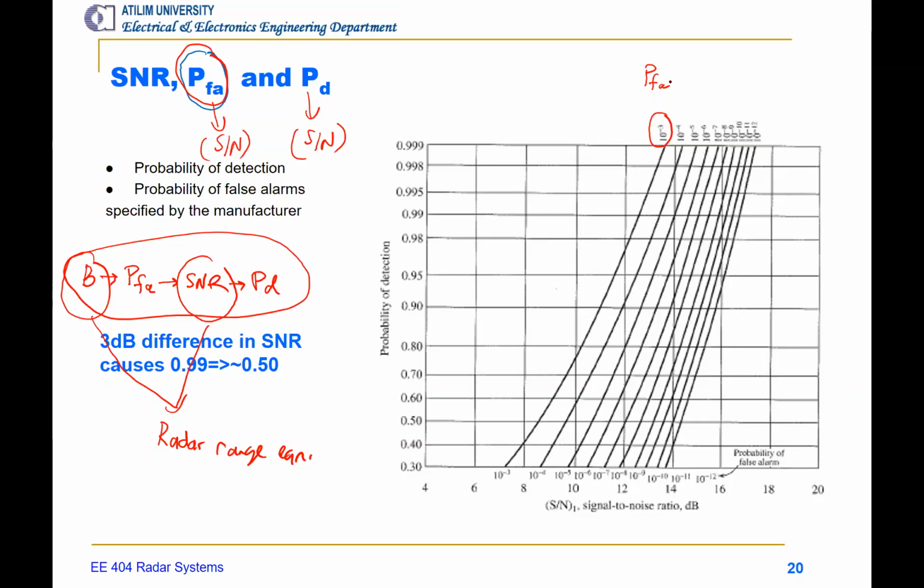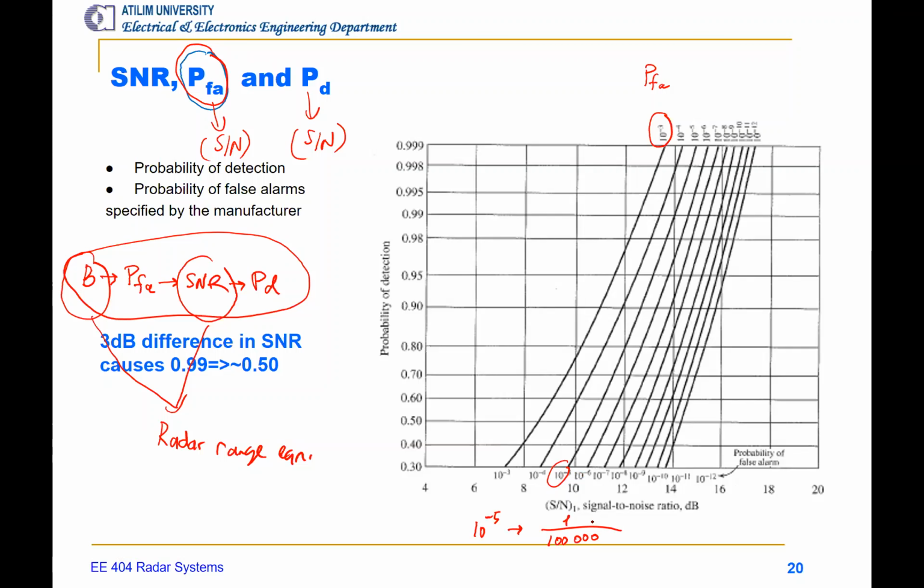For example, let's take a probability of false alarm of 10 to the minus 5. Suppose that I can tolerate a probability of false alarm of 10 to the minus 5, which means one pulse or one decision out of every 100,000 decisions.